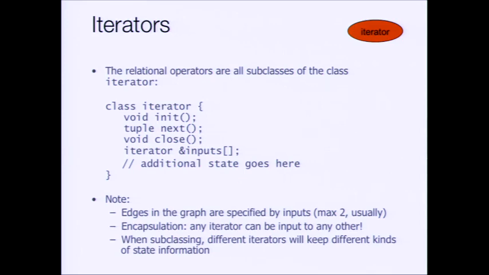And then anything else you want to do in your iterator, you can obviously subclass it and add additional state. So the edges in the graph are actually implicit. This is the picture of the data flow. But actually, the data structures are that there's three iterator objects, and this one has a reference to two of them in its inputs. That's actually what the data structure pointers look like.